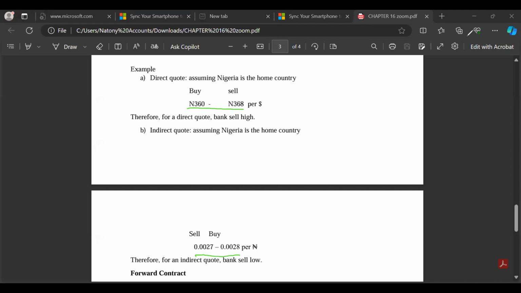But these rates here, the buying rates and the selling rates, here it is the higher rate and this is the lower rate. If I convert this to an indirect quote, this is what I'm going to get.